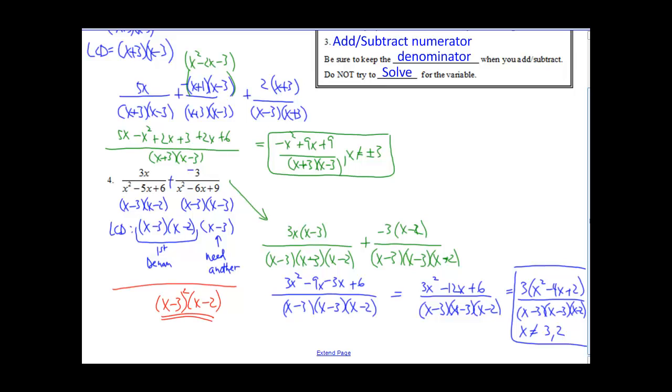So at the end, we know that 3 and 2 do not work, so x cannot equal those. And our answer is 3 times x squared minus 4x plus 2 divided by x minus 3, x minus 3, x minus 2. That's it for regular addition and subtraction.